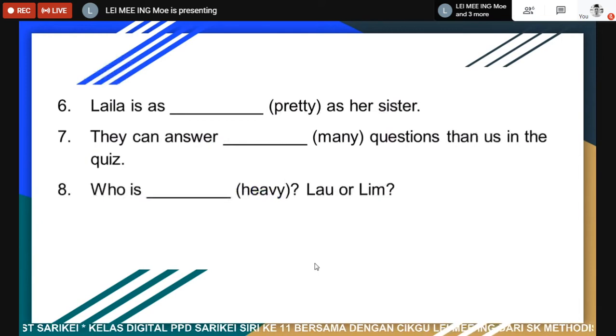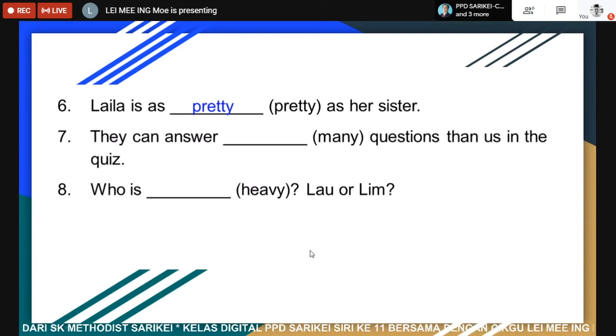Laila is as pretty as her sister. The given word here is pretty. So what is your answer for question number 6? Can you please type down your answer now in 5 seconds? Alright, the answer is pretty.